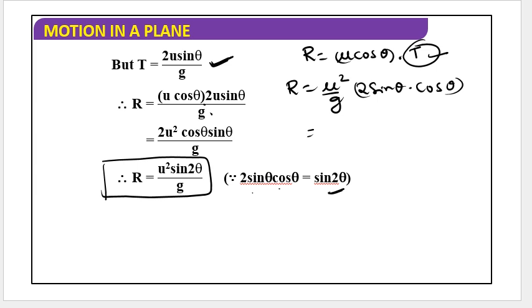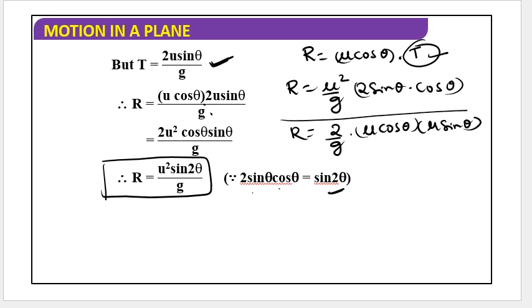Here r is equal to u square by g, 2 sin theta into cos theta. So we can write this one as 2 by g, u cos theta into u sin theta. So please remember, for range, remember three formulas.